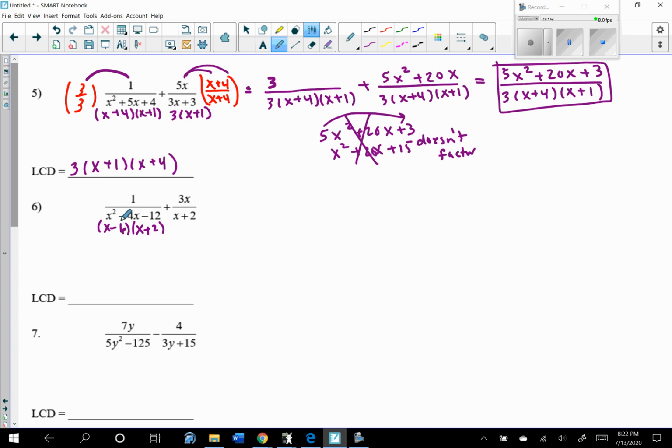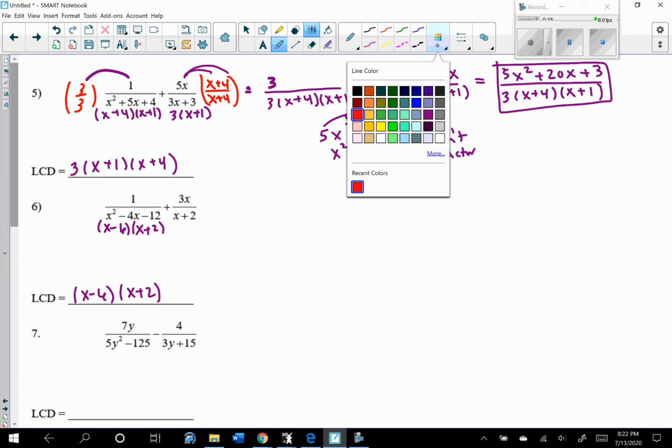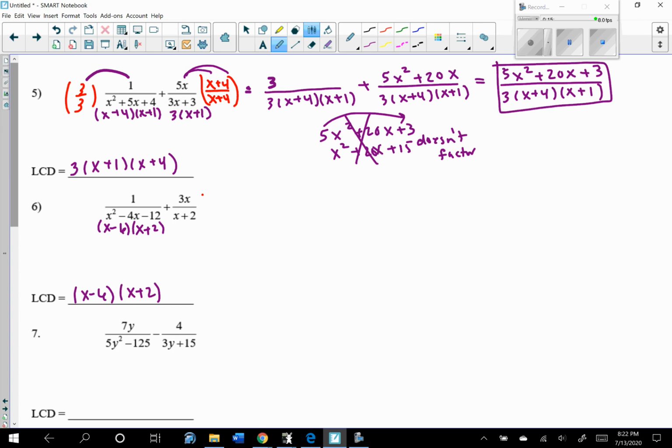And now I can find my LCD. So my LCD, we have an x minus 6 and an x plus 2. So that means I am missing from this second fraction an x minus 6, and that would mean both denominators would be the same once I multiply this by x minus 6 over x minus 6. So we're going to have to distribute here.